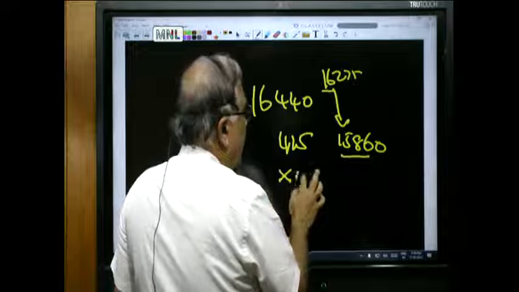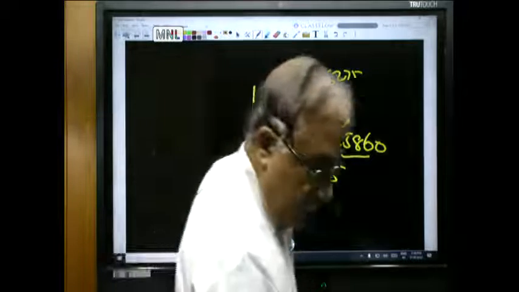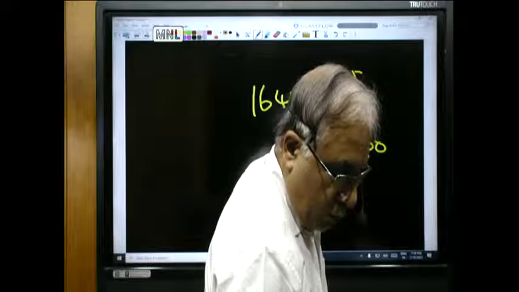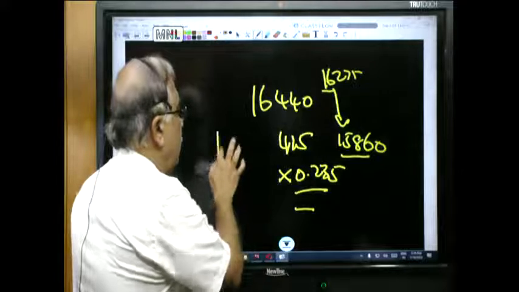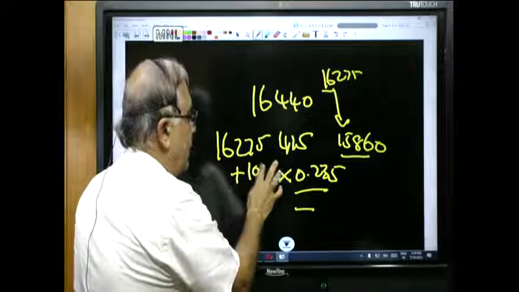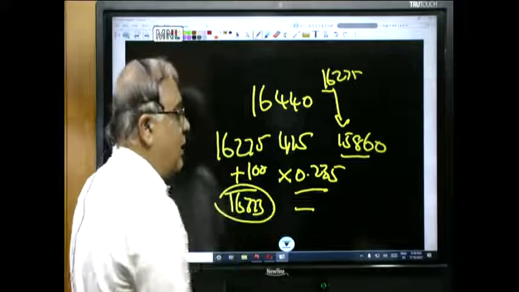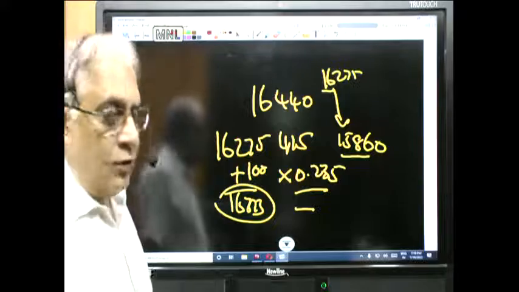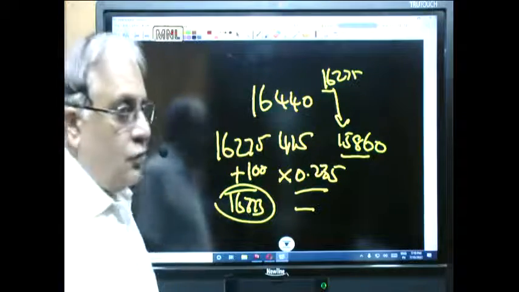So 415 into 0.235, how much does it come to? This comes to 97 or 100 points. So 16,275, if you put it, plus approximately 100, it comes to 16,373 to 375. This is one resistance which has not been broken but is likely to be broken.